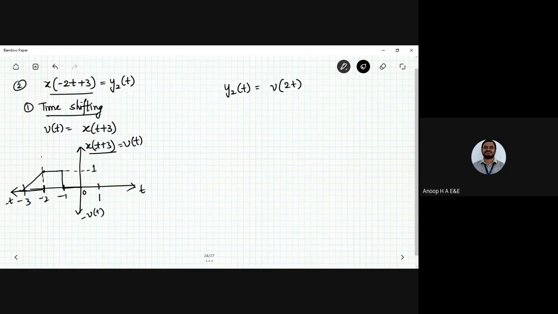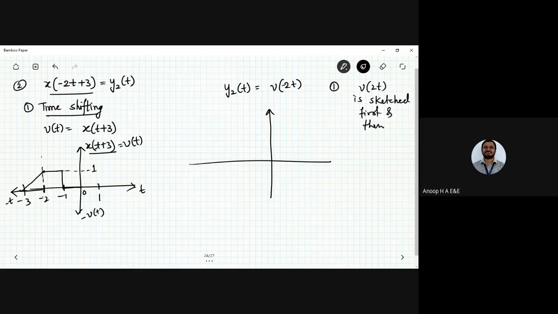So v of 2t is sketched first, and then a reflection of v of 2t is taken.